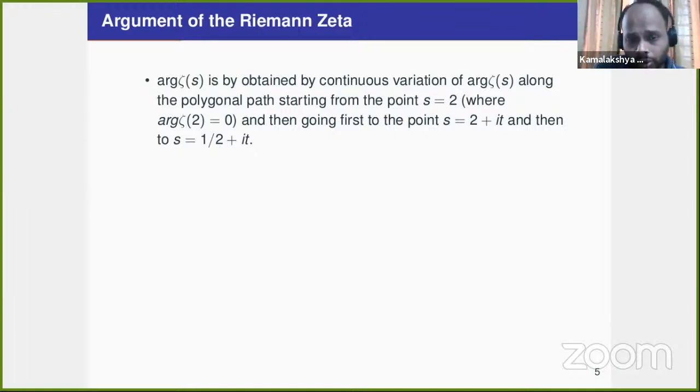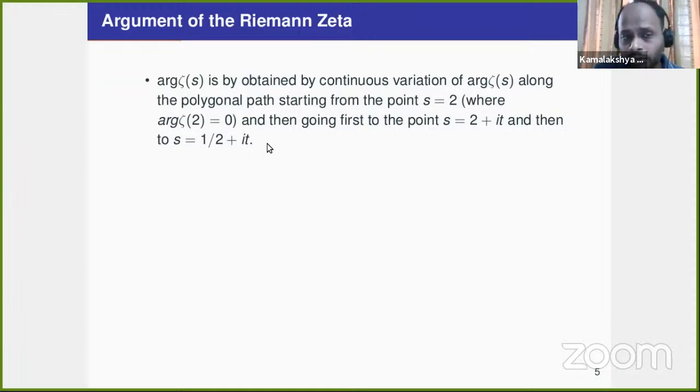We can do this process provided that we don't encounter a 0 on this path. So there should be no non-trivial zero of zeta that has ordinate t. Then this argument of zeta(s) is defined.